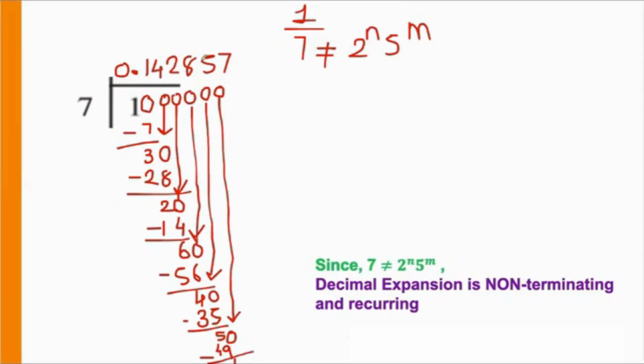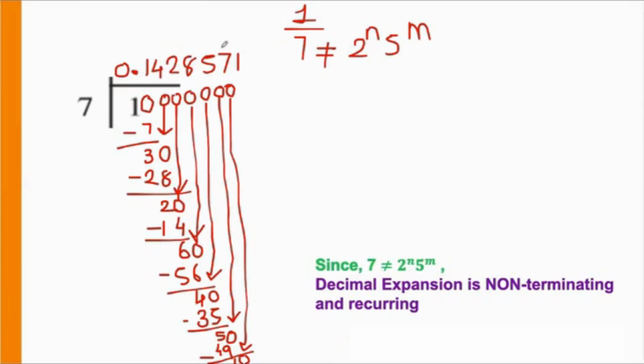Again, we will continue. Since you will see that it continues now, we will put 0 here and bring it down. So we get 10, and this string of numbers will repeat, because now we will say 7 ones are 7, and again it will be 10 minus 7, 3, 30 minus 28, 2.